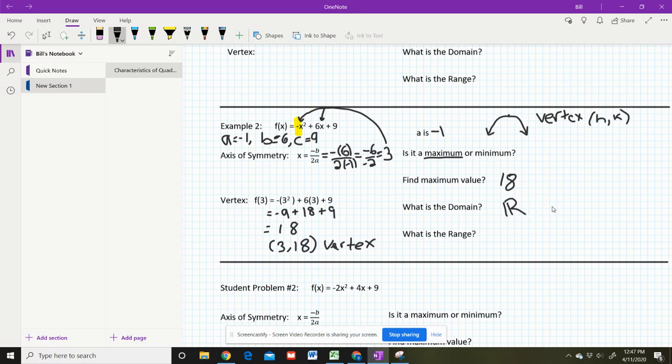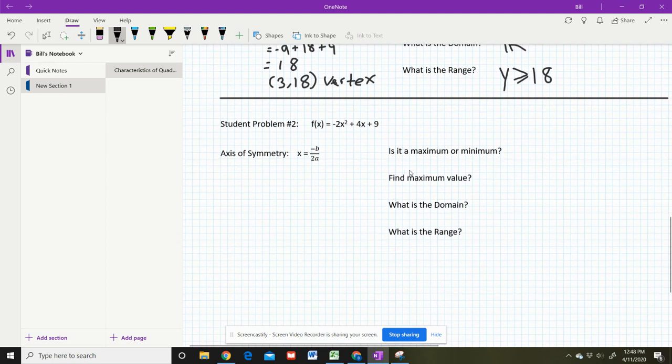So it goes from negative infinity to positive infinity. Our range: what is our y going to do? We use our k value, which is 18. Does y go greater than 18 or less than 18? Unhappy face, it's going down. So y has a maximum value of 18, so y is less than or equal to 18.